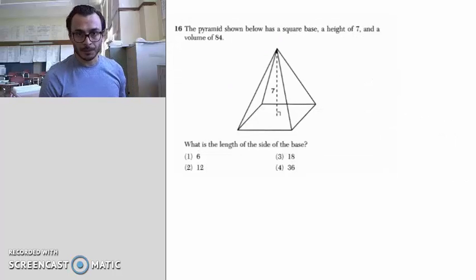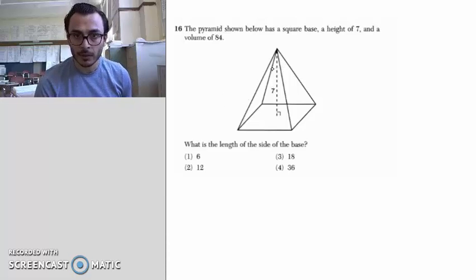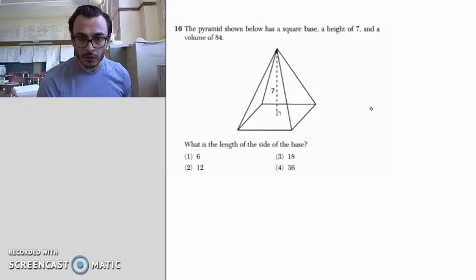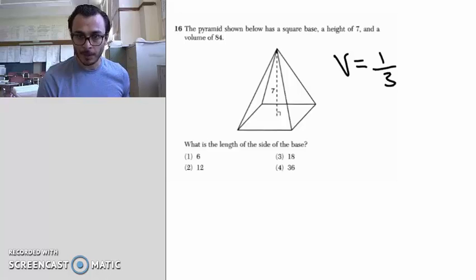Number 16. The pyramid shown below has a square base, a height of 7, and a volume of 84. What is the length of the side of the base? So let's recall the formula for the volume of a square pyramid. It is 1/3 area of the base times the height.